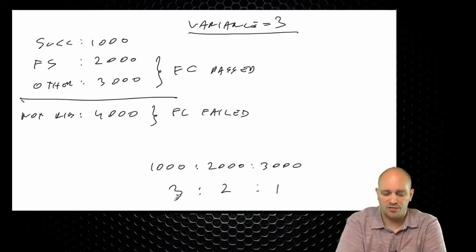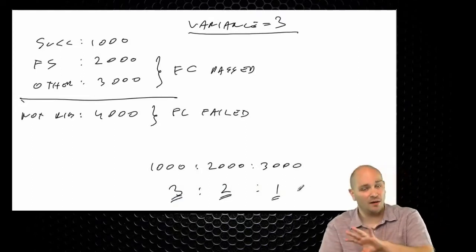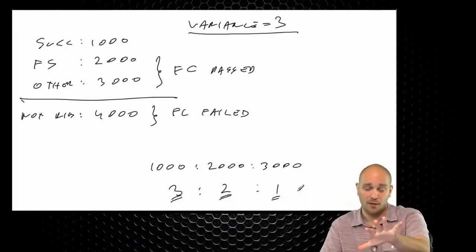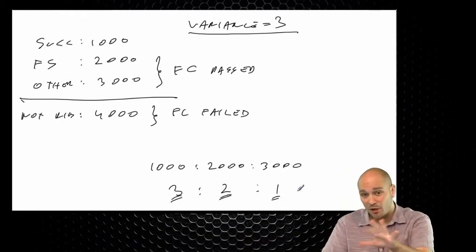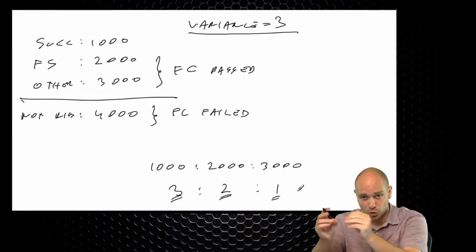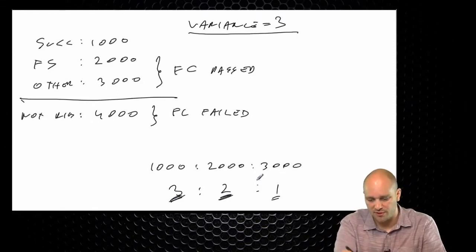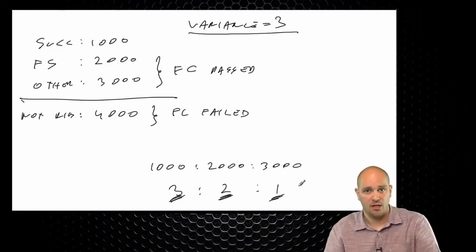So we're going to send 3 packets this way, 2 packets this way, and 1 packet this way. And of course, because iOS doesn't implement per packet load sharing by default, it implements per destination. This may not be scientifically correct, but 3 destinations will use this path, 2 destinations will use this path, and 1 destination will use this path.